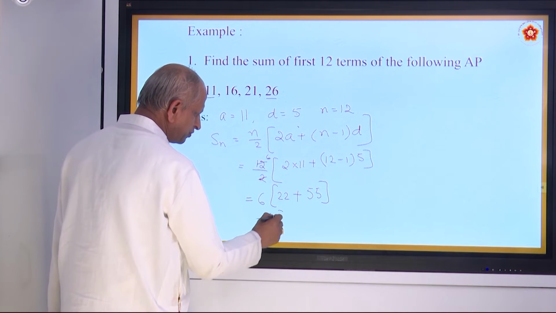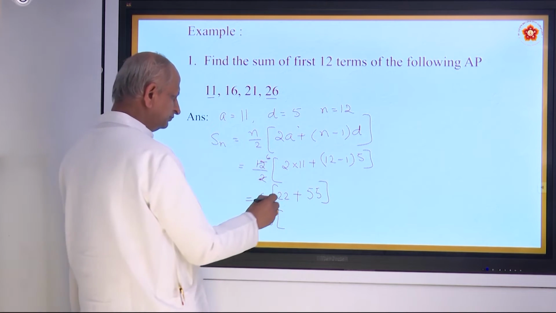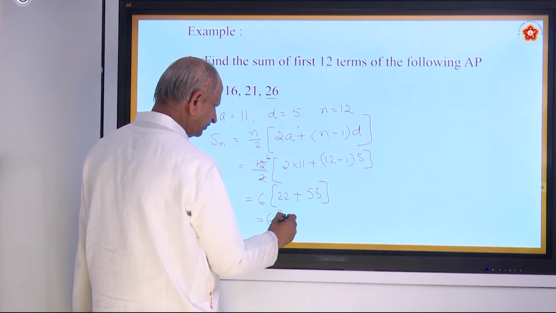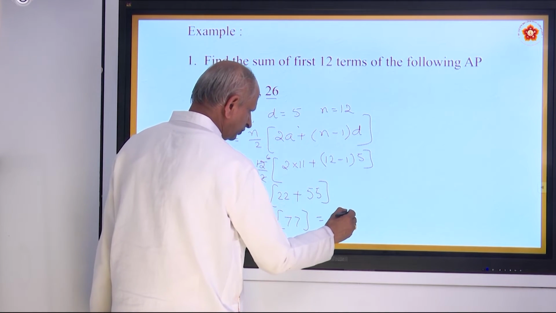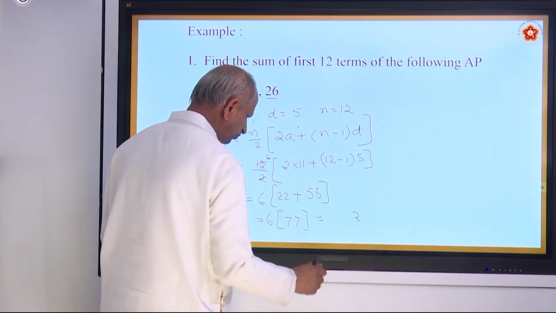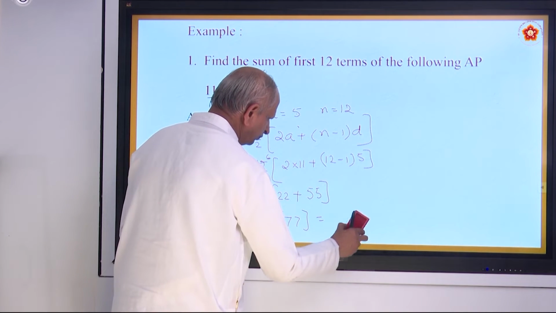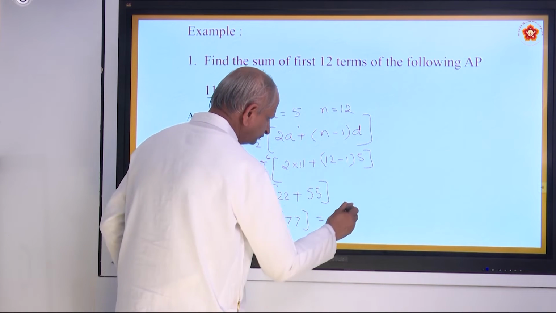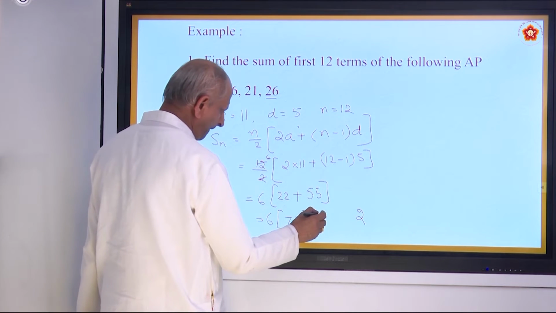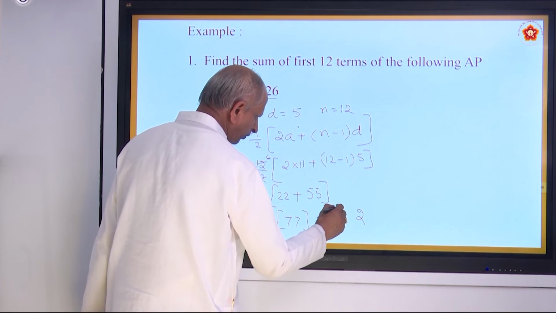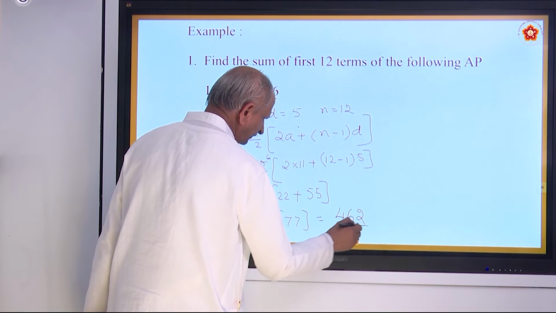6 into, you have 77. That is equal to 6 sevens are 42, and 6 sevens are 42 plus 4, 46.